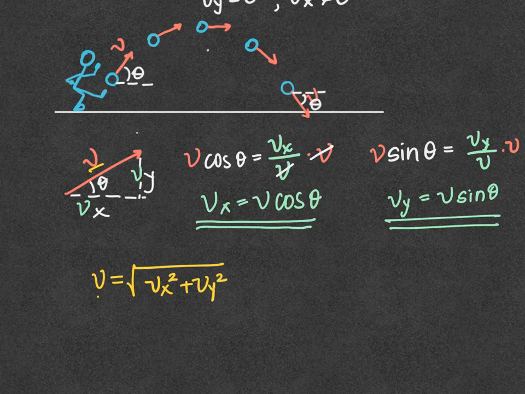This is called a resultant. It's the result of having the x and the y together.